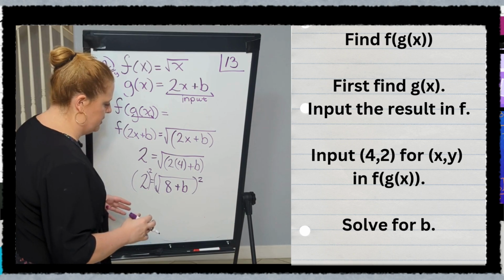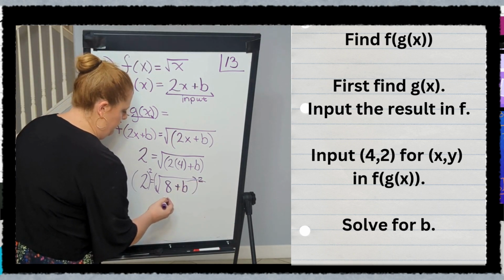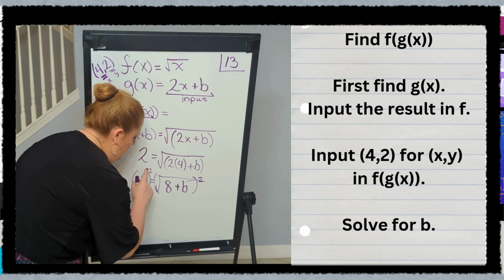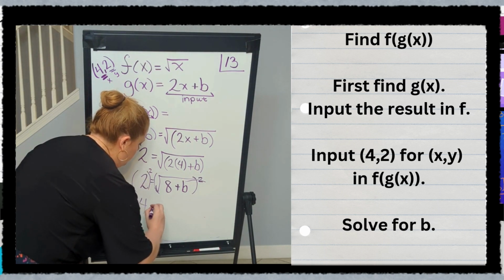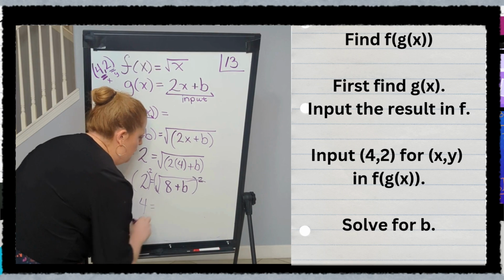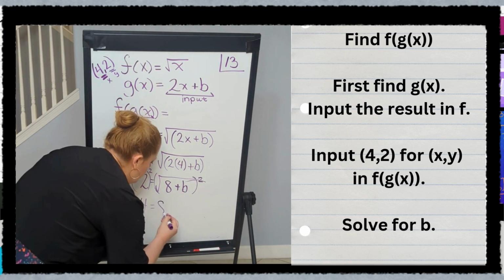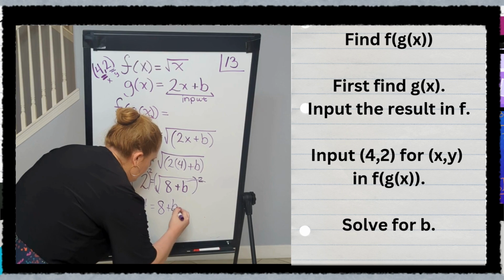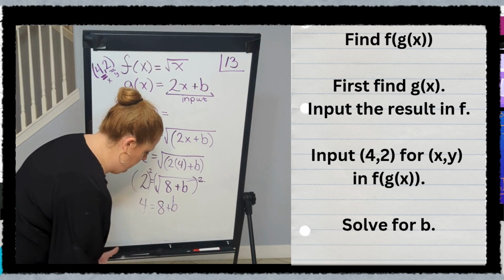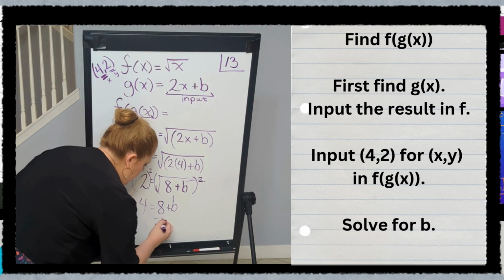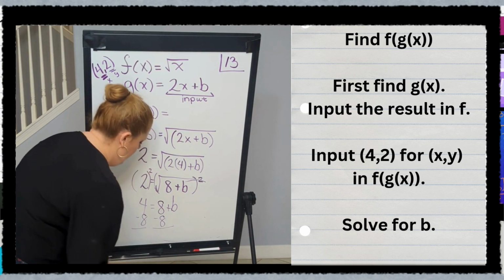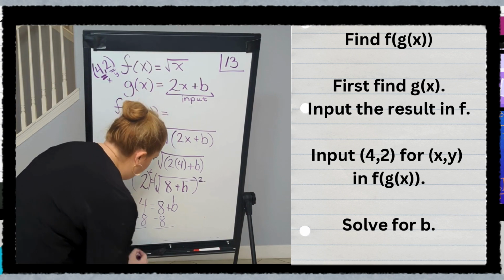I'm going to square both sides to get rid of the radical. 2 squared is 4. The radical went away because we squared it, so we have 8 plus b. And I want to solve for b. It's being added to 8, so I'm going to subtract that 8. And I get negative 4.